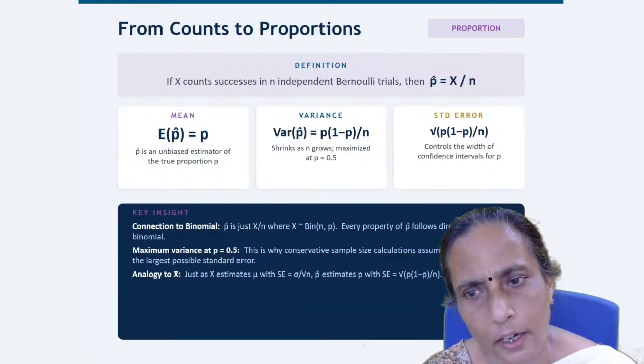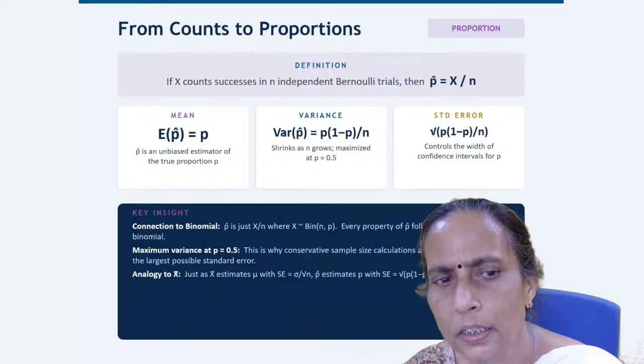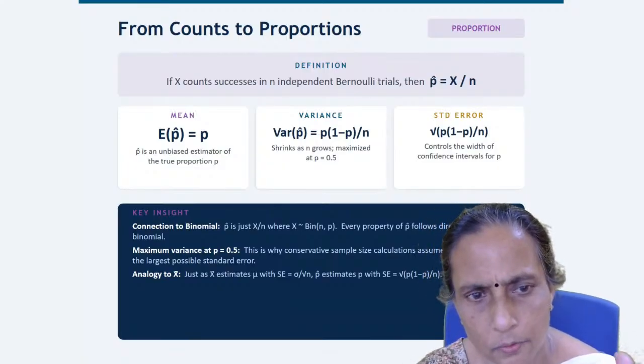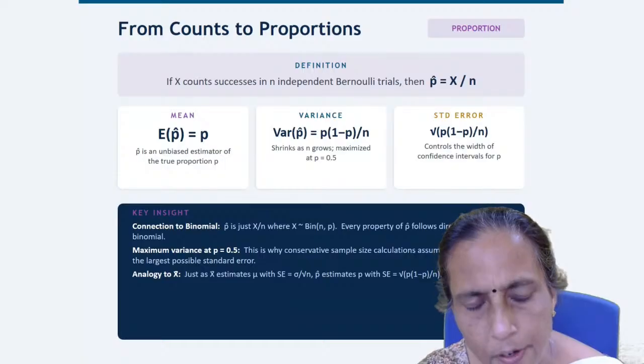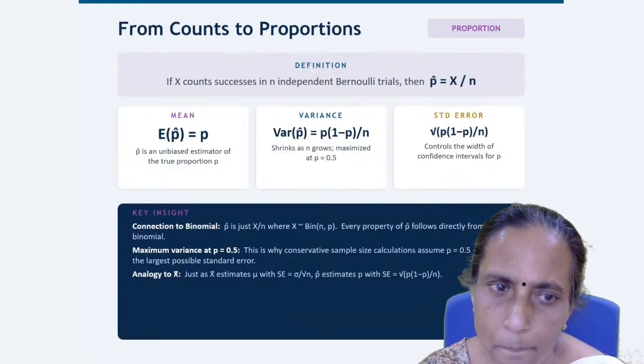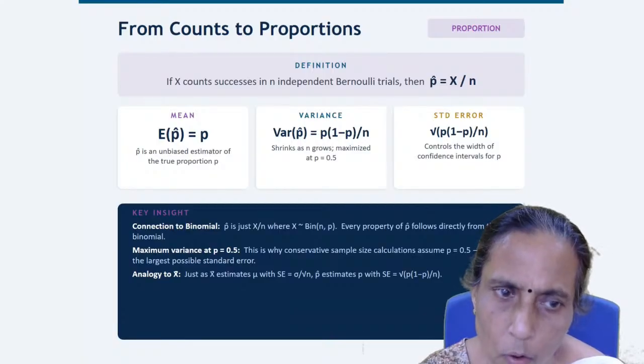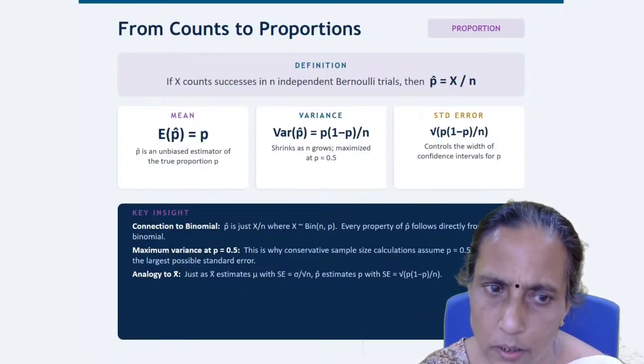And the standard error is the square root of your variance, that is square root of P into 1 minus P divided by N. So your P estimate is an unbiased estimator of the true proportion if the expectation of P cap is equal to P. That means if the expectation of the sample mean is equal to the population mean, then your sample mean is an unbiased estimator of your population mean.